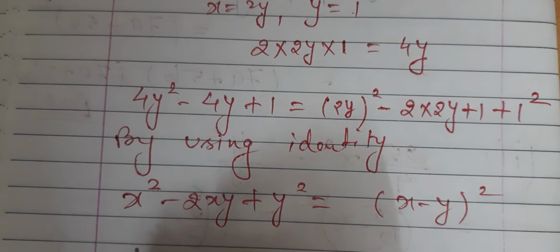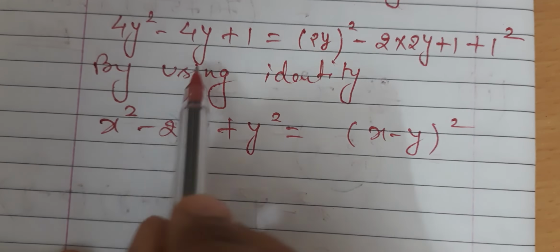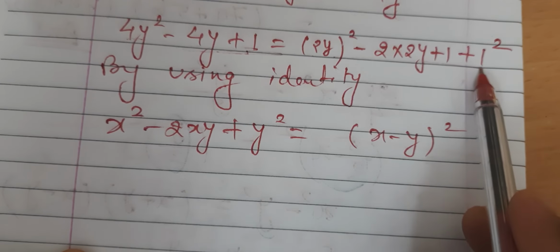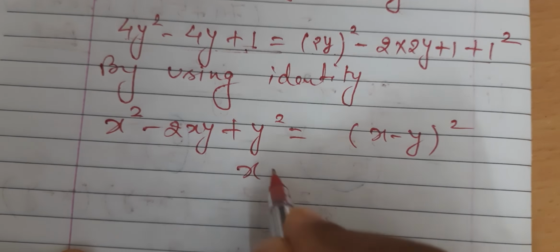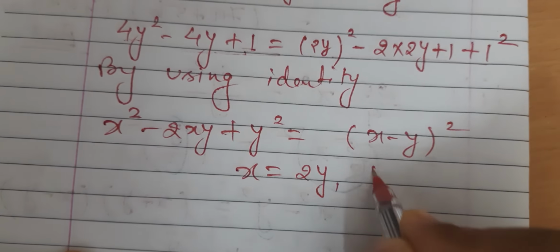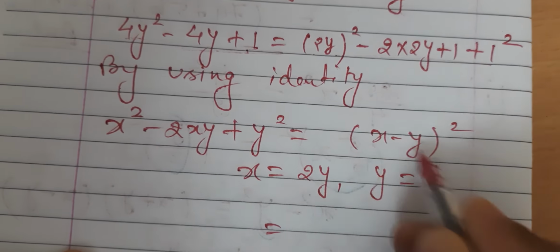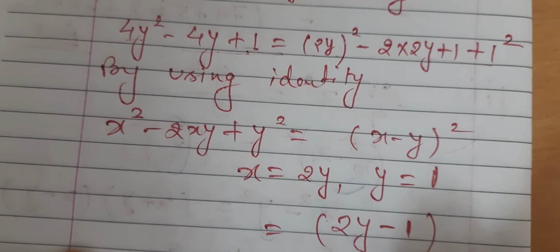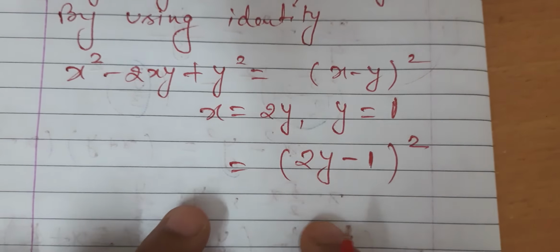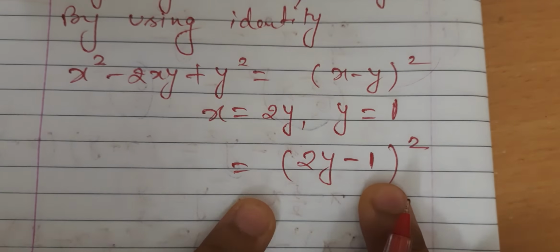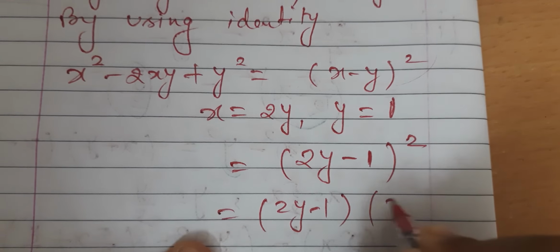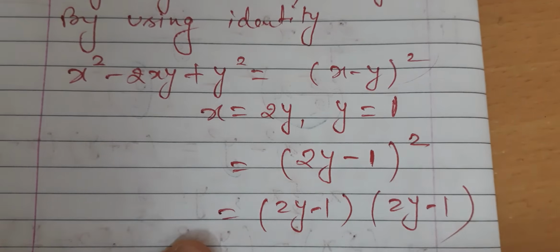So our question, this one, can be also written in this form. Here the value of x is 2y and the value of y is 1. So this can be written as x minus y the whole square. We have x equals to 2y and y equals to 1. So the factors are 2y minus 1, 2y minus 1.